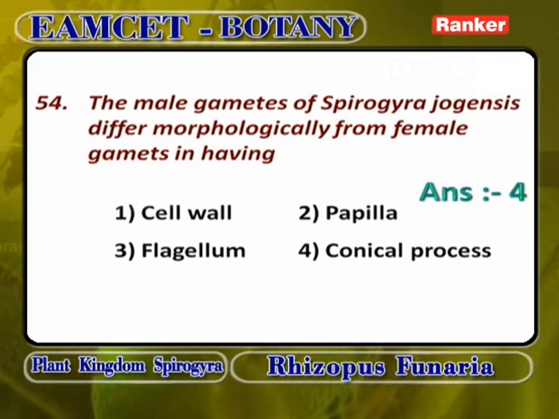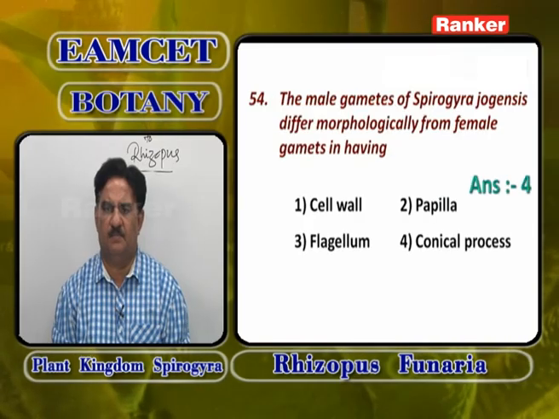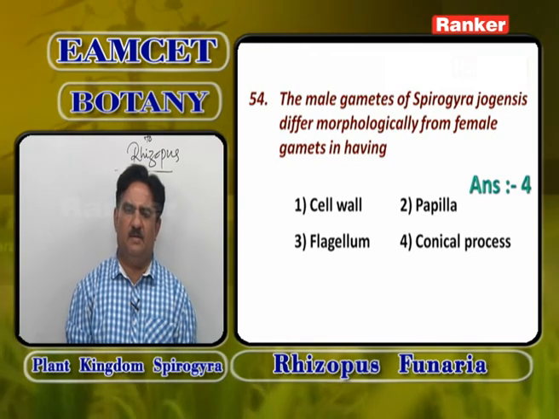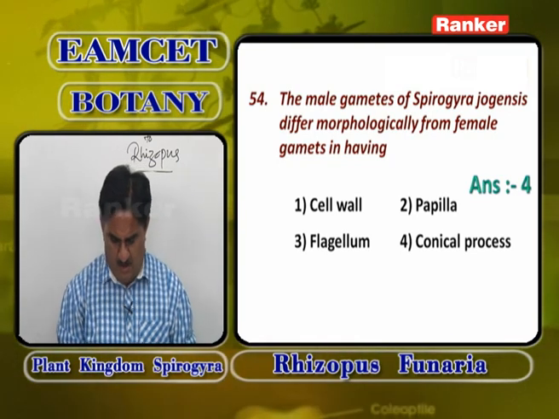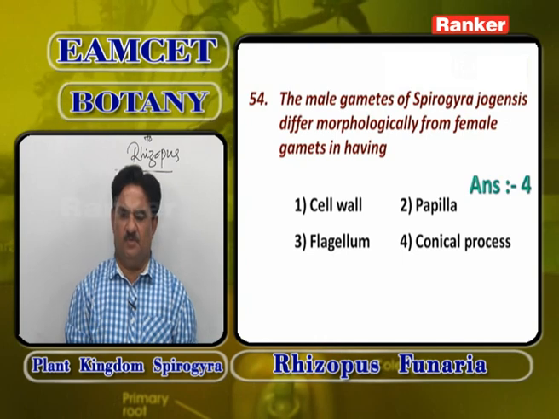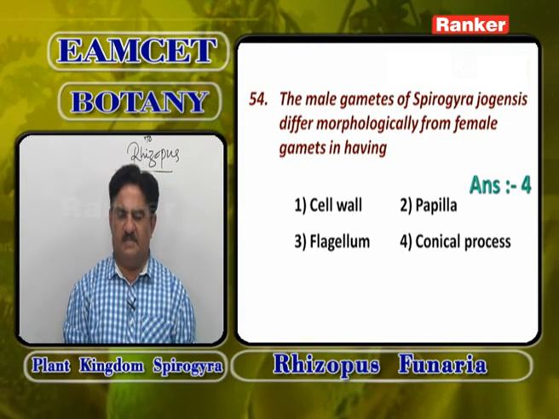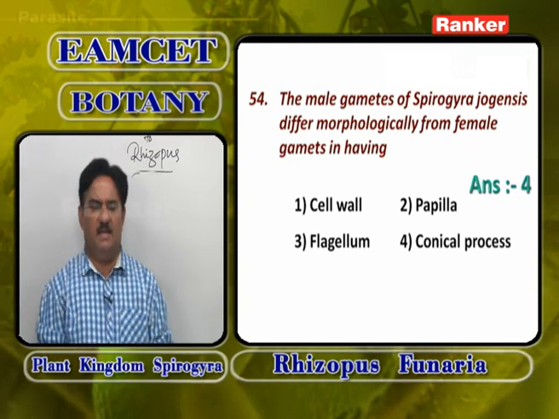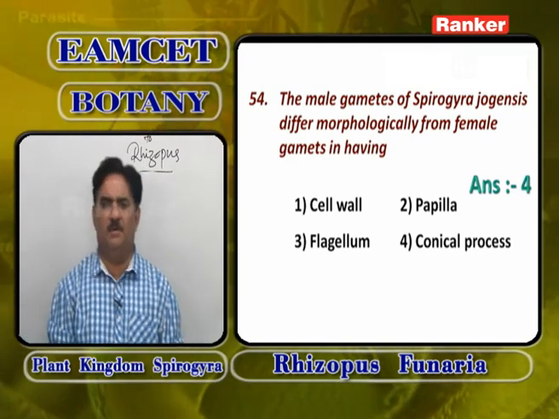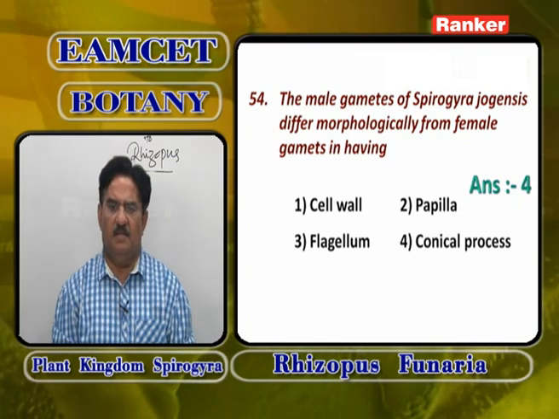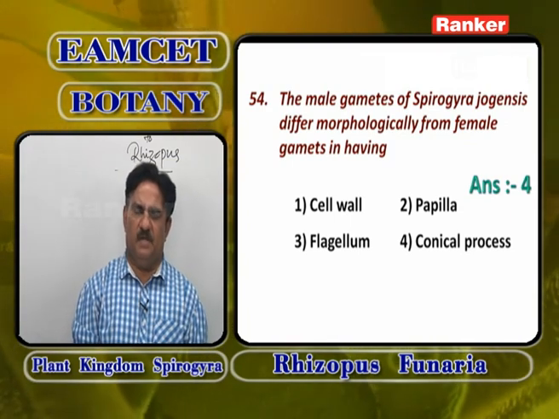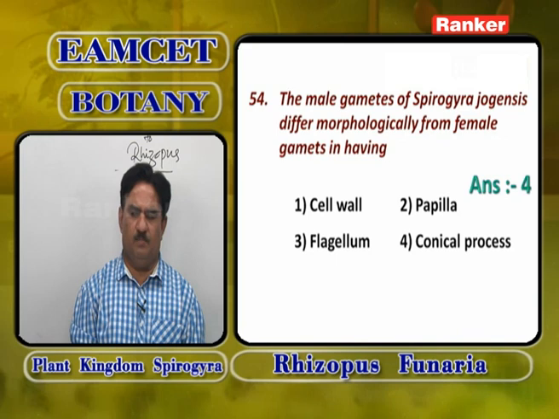The male gametes of Spirogyra jogensis differ morphologically from female gametes in having. In Spirogyra jogensis, direct lateral conjugation was reported by M.O.P. Iyengar. In Spirogyra mirabilis, it was reported by R.S. Rattan. What does the question mean? In both the cells, the cell above the holdfast cell is female, above the female cell is male cell. The protoplasm unites to form aplanogametes, both aplanogametes.